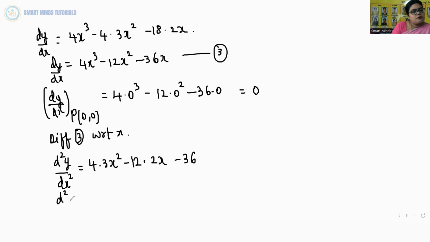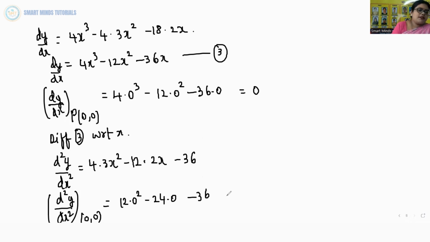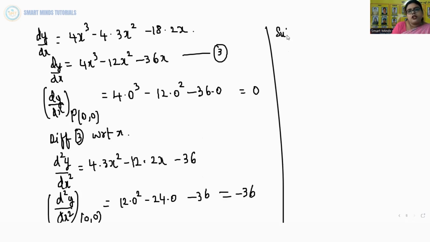Now again we will substitute point P, that is 0, 0. So this will become 12 into 0 square minus 24 into 0 minus 36. So the final answer for d square y by dx square at point 0, 0 is minus 36. Now substituting values in equation number 2. So what is equation number 2?